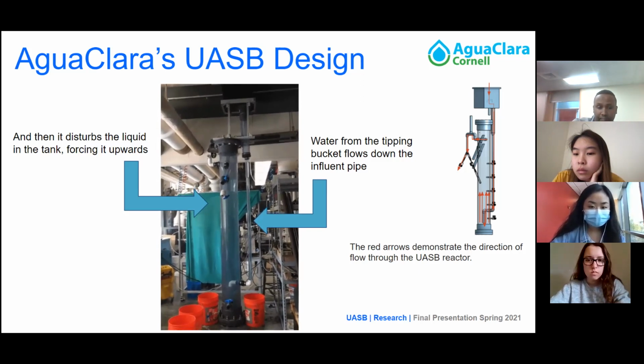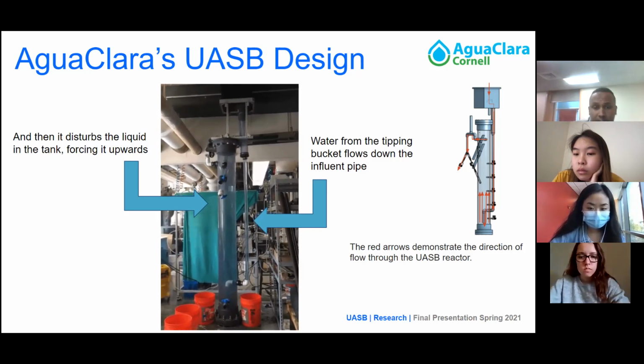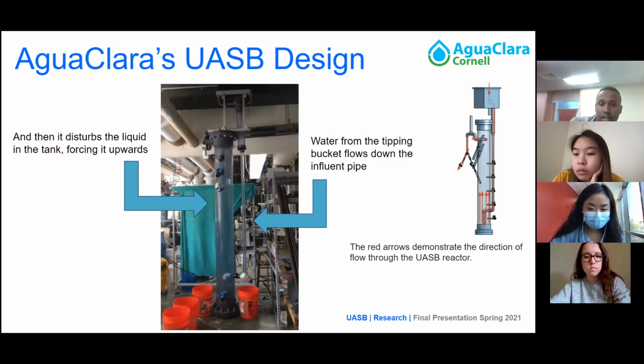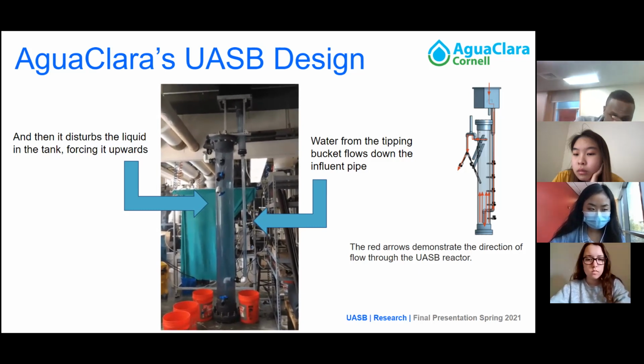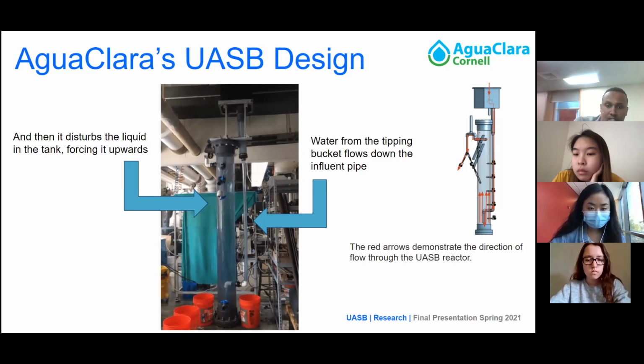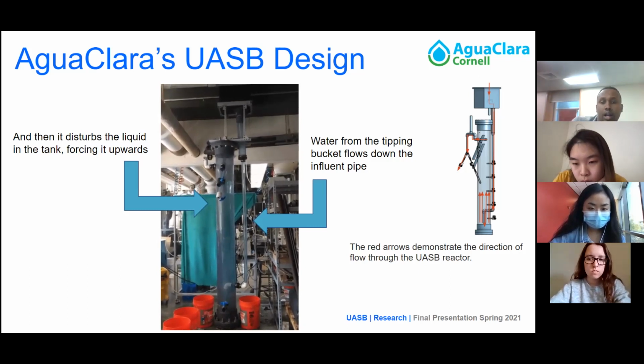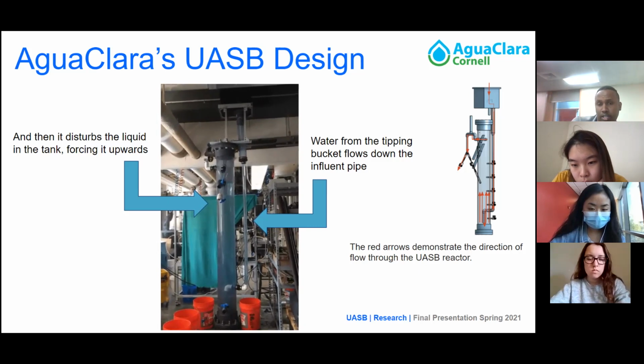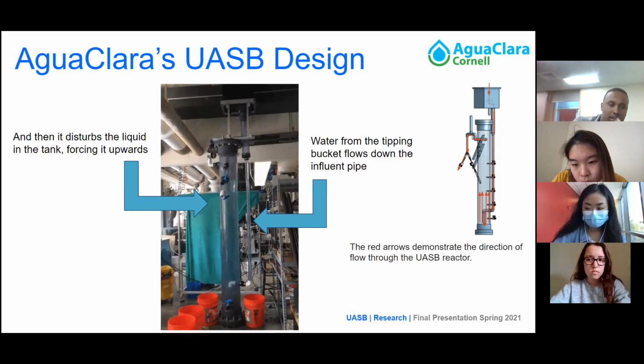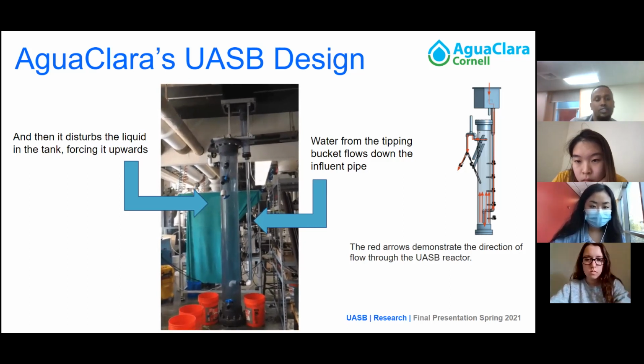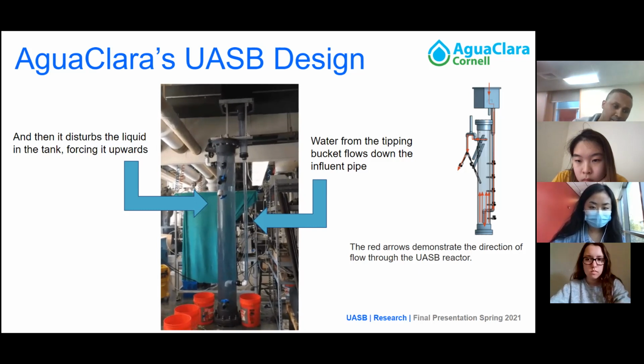This reactor cleans the water and, after cleaning, discharges it to downstream. And then also we collect the gas by connecting the biogas bag, and that gas can be used for cooking and lighting, similar to the conventional design. So I want to pass it to my colleague Emily.